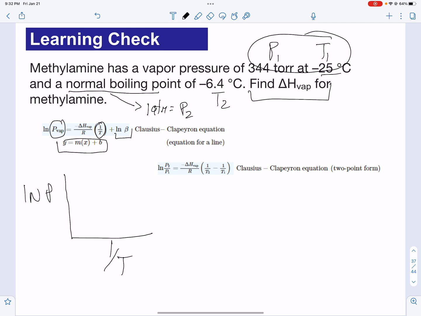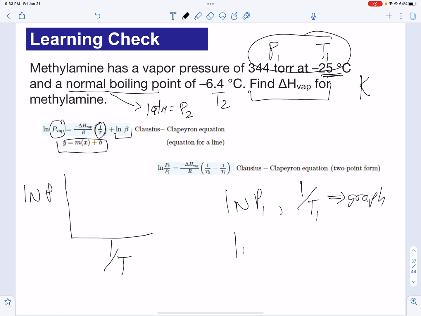You can change all the temperatures to Kelvin, and then you find ln of P1, you find 1 over T1, and put that on the graph.